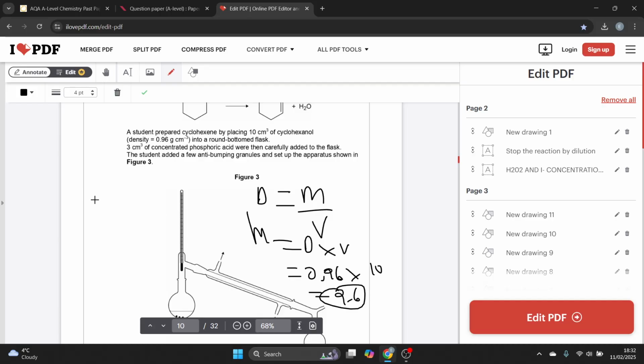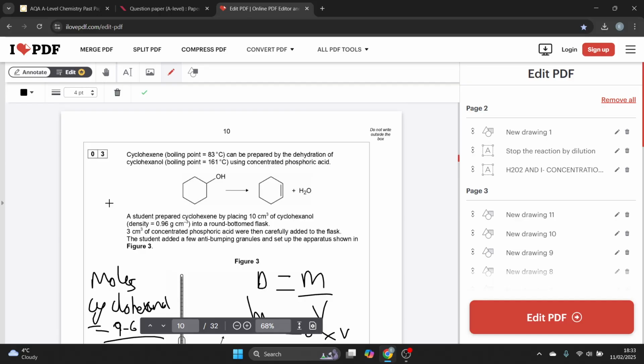Now that's the mass. Now we need to find out the moles of cyclohexanol, which is the mass, 9.6, over the Mr of cyclohexanol.